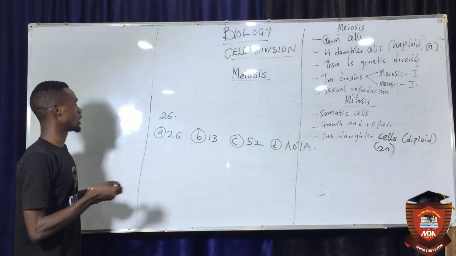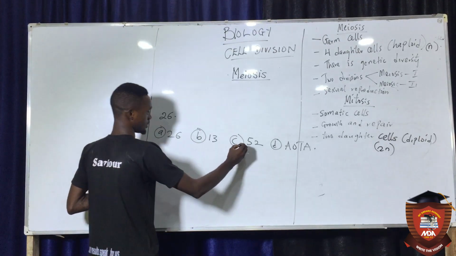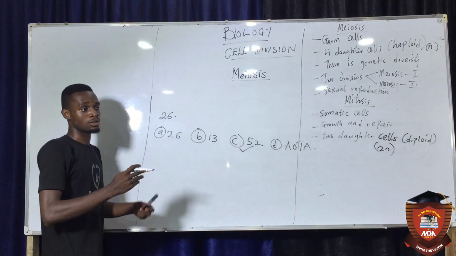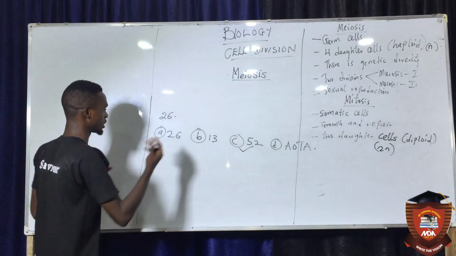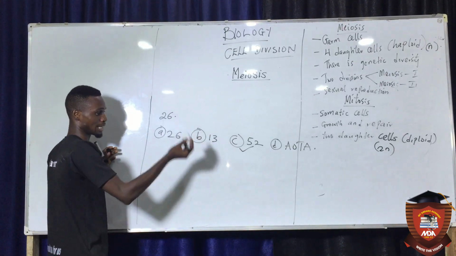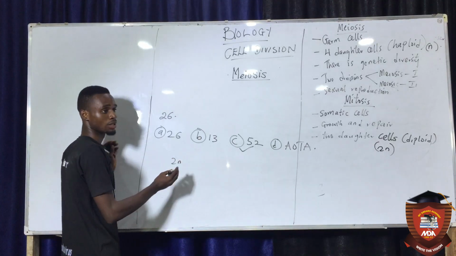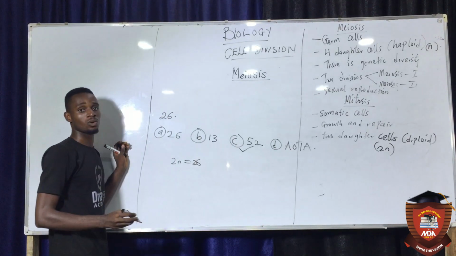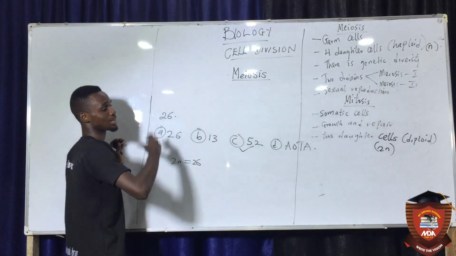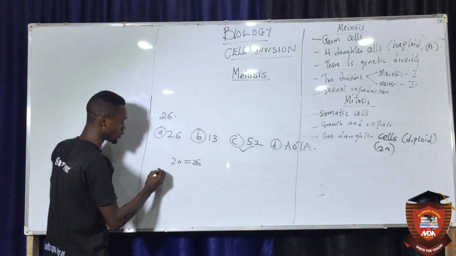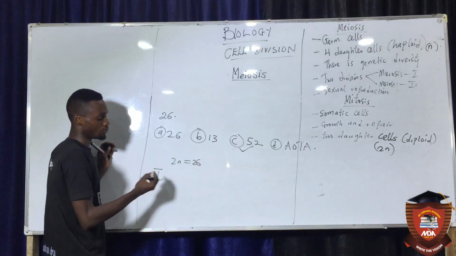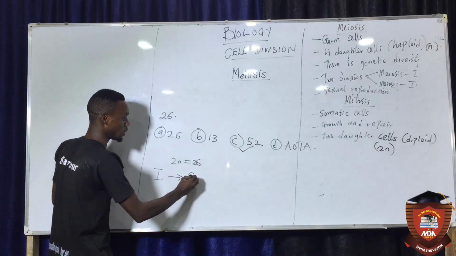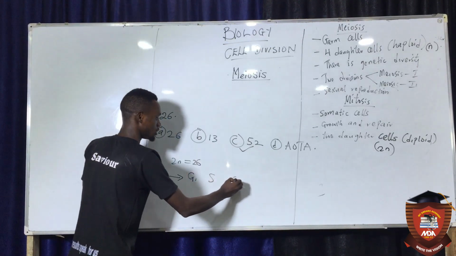Now clearly, the answer to this question is going to be 52. And the reason is simple. Normal cells are diploid, that's 2N, and they are saying that 2N is 26. The cell that is about to start mitosis must have undergone interphase, and interphase has G1, S, and G2.